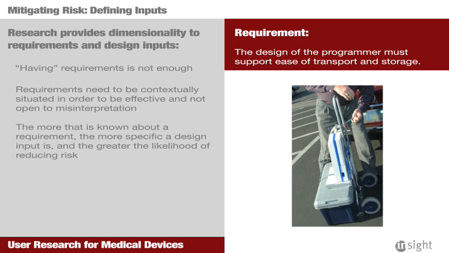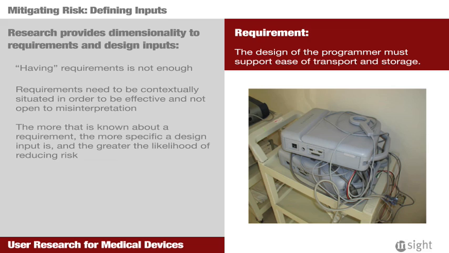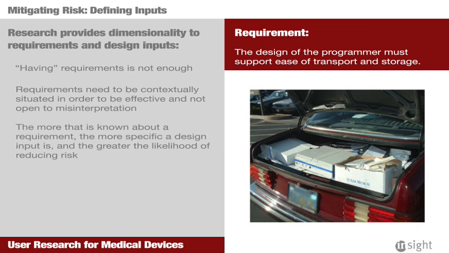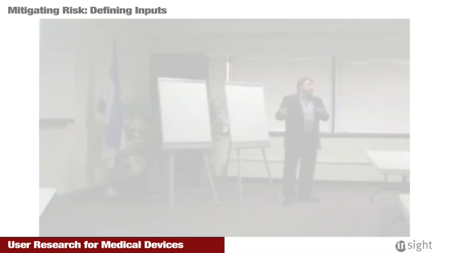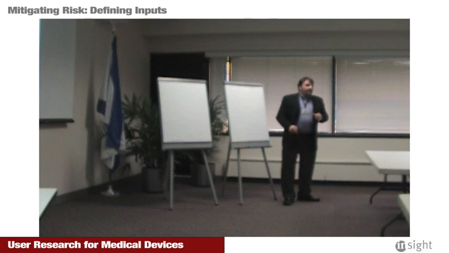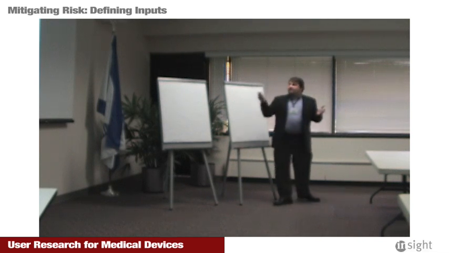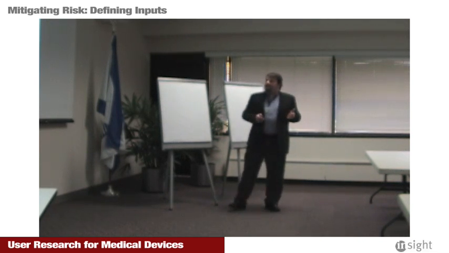Does portability mean it needs to be strapped to a 2-wheel dolly and wheeled across a parking lot? Or does it mean being stacked on a cart on top of other pieces of equipment and wheeled from room to room? Or does it mean being put in the trunk of the car? These are all use cases that we collected during user research, but you can see that the issue of transport and portability is much more complex than just a two-line entry onto a list of requirements.